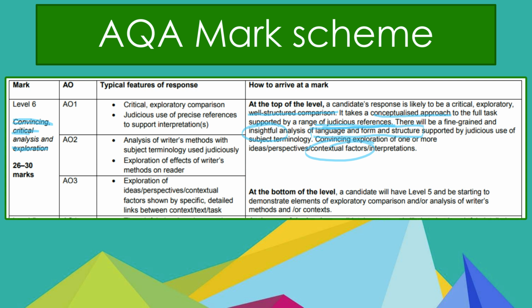So for example, when you were looking at Blake and London and this idea of him being heavily influenced by the Industrial Revolution, these kind of things are worth bringing into an analysis. Talking about when it was written, maybe not so much, unless it's important to the point you're trying to make.